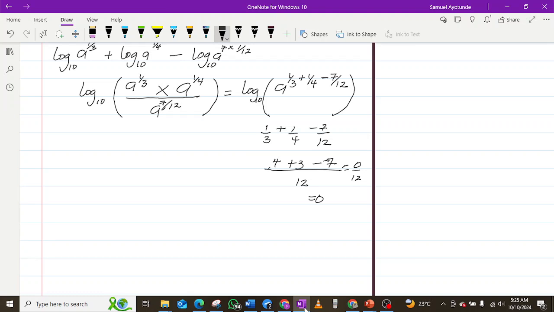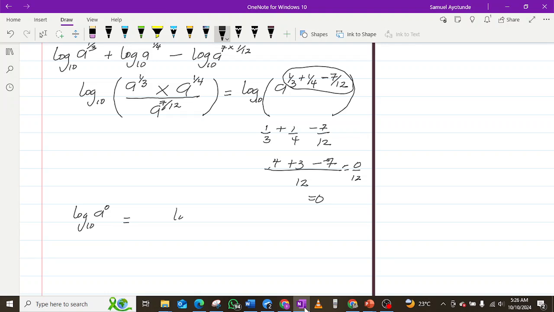So that means the power of A here is 0. So we then have log A raised to power 0 base 10. And A raised to power 0 is equal to 1 by indices. Anything raised to power 0 is equal to 1.